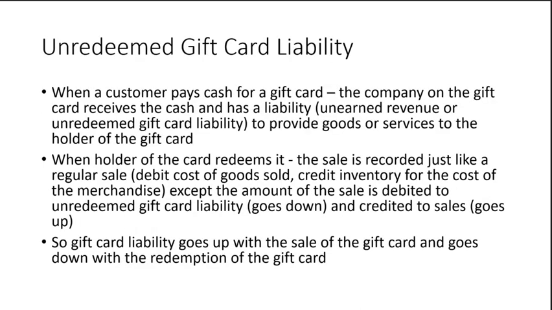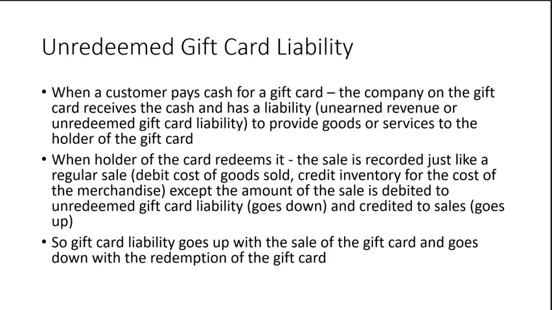So let's talk about gift cards. When a customer pays cash for a gift card, they come into the store, they buy it at Giant, whatever, they buy a gift card, the company on the gift card receives the cash. So if it's a Burger King gift card, then ultimately Burger King is going to get the money.